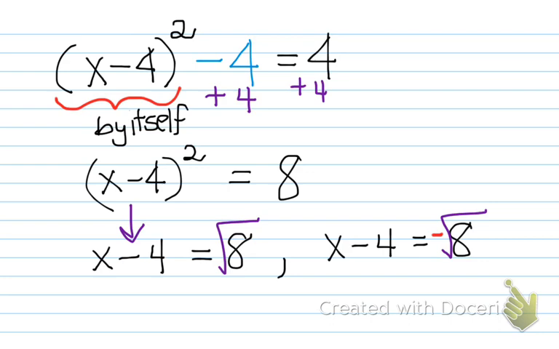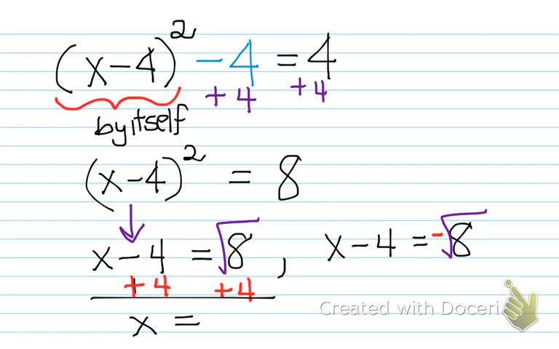Okay, now what we do is move the 4 over to the other side to get the x by itself. We add 4, and we add 4. Same for the other. x equals the square root of 8 plus 4.